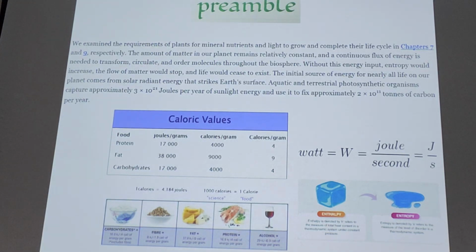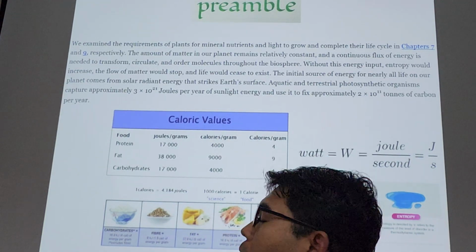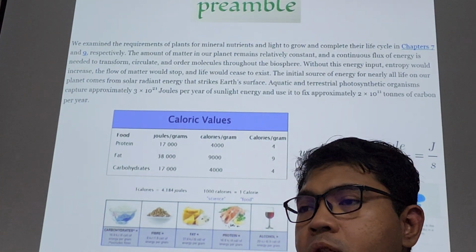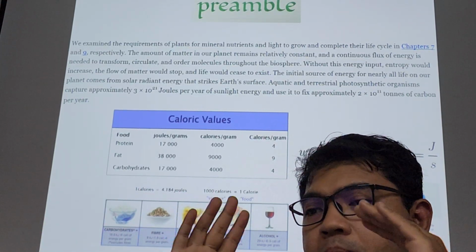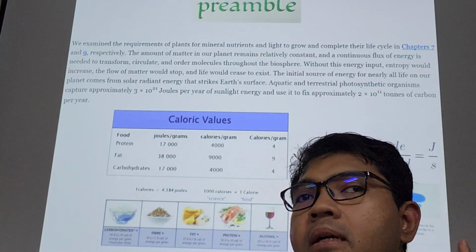And another concept is enthalpy and entropy. In order to make all of these molecules possible, they need to be built up. Entropy needs to be prevented from happening. It's like you are building a tower.